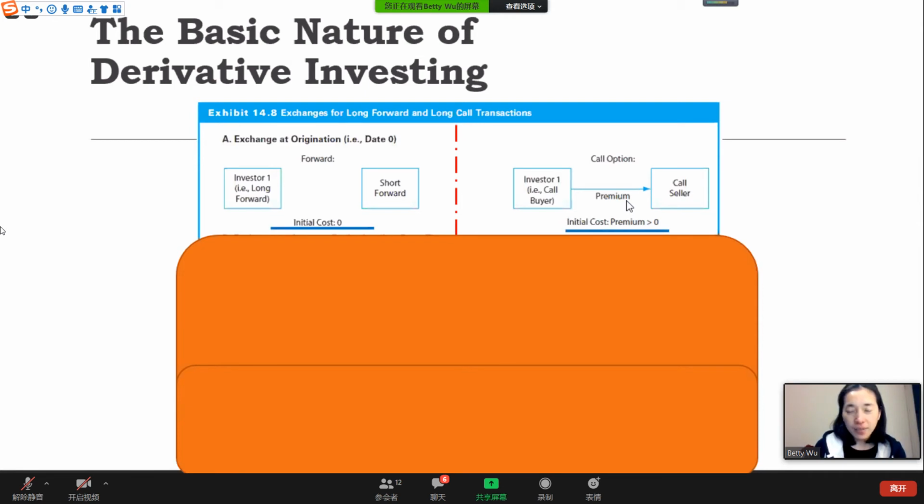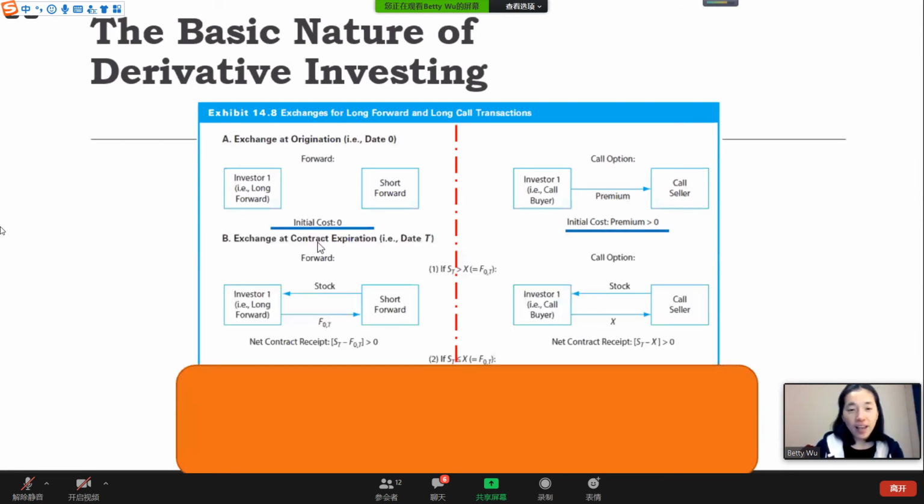And fine. So at expiration, and we said there are two potential scenarios. So the first scenario is when the spot price is higher than the exercise price or the contract price for forward. And since you are long call and long forward, that means you get to buy the underlying at a lower price, right?